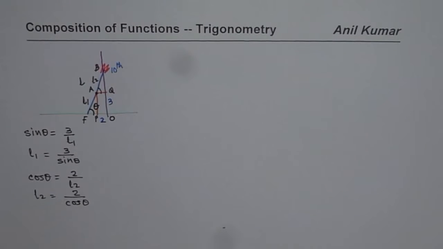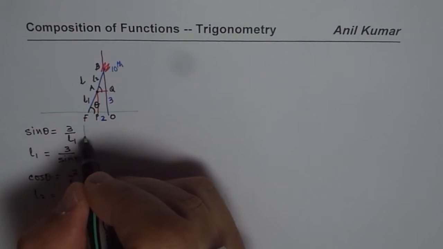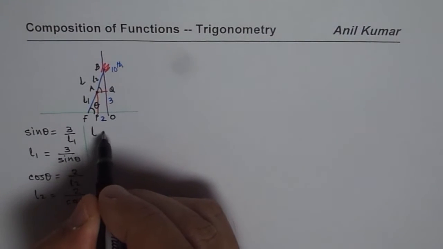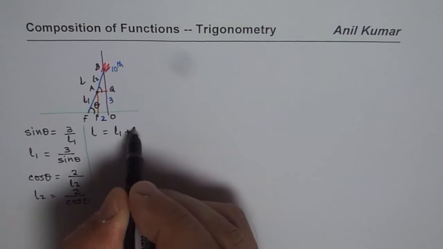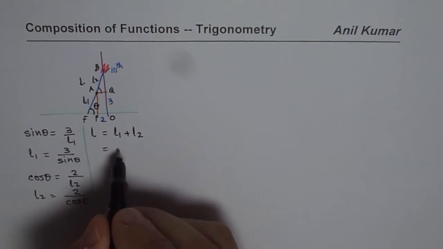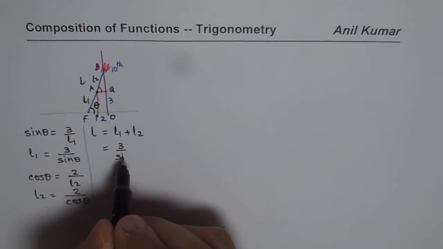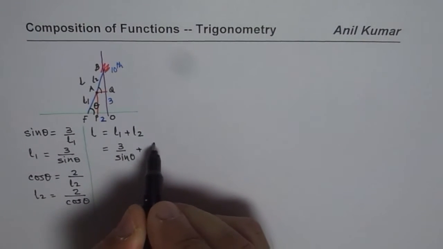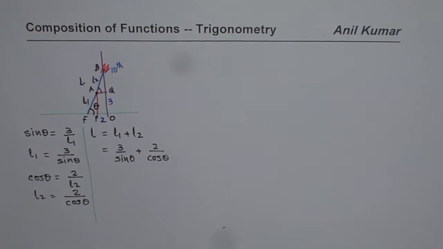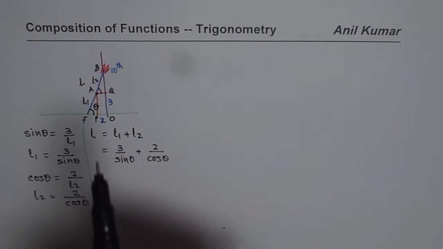Now combining these two, we can get the length of the ladder in terms of the angle. So the length is L1 plus L2, which is 3 over sine theta plus 2 over cosine theta. That is how we can relate the length of the ladder to the angle of inclination, right?